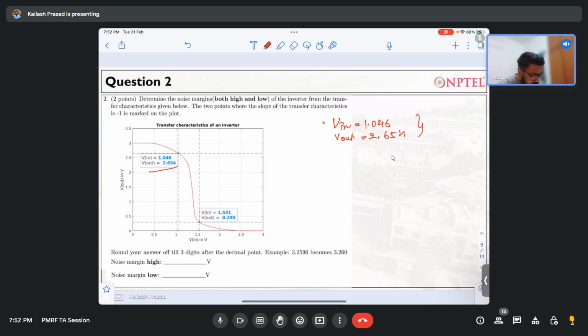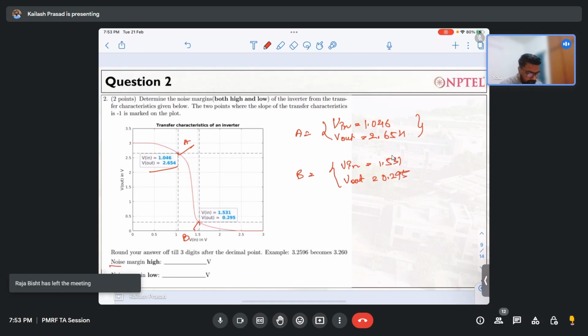This is your first point, A. For point B, V in is 1.531 and V out is 0.295. The question over here is what is the noise margin high and low?